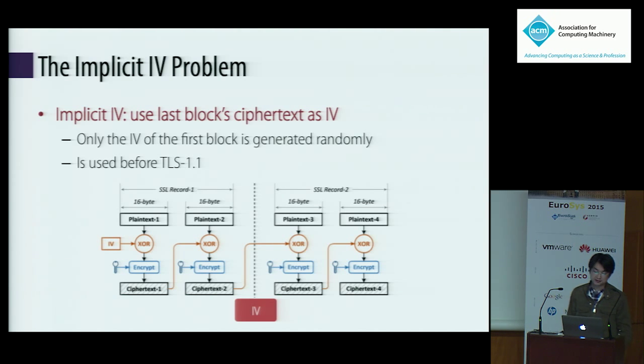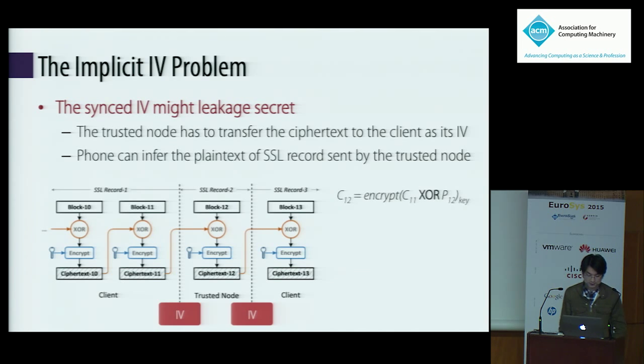However, we met another problem named the implicit IV problem. If SSL uses CBC encryption, it typically uses the last ciphertext block as the initial vector for the next block. This is known as the implicit IV and is used before TLS 1.1. So consider this situation.